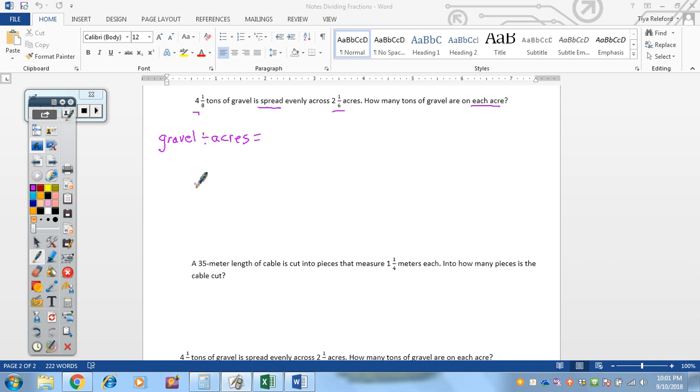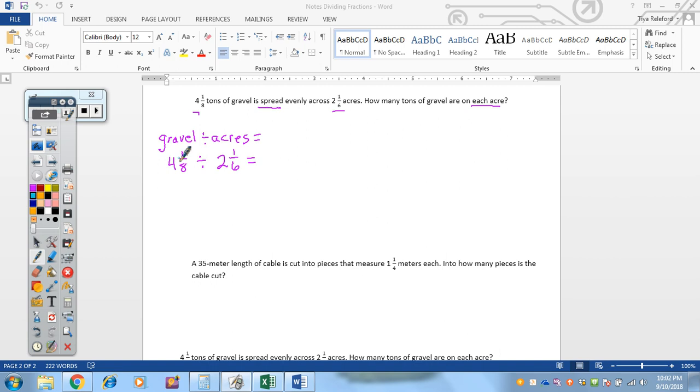If you're not sure what an acre is, it's how they measure land. So an acre is about as much land as a football field. So if you think about 2 1/6 acres, it's about 2 football fields. So that's quite a bit of land. So we have 4 1/8 tons of gravel over 2 1/6 acre.